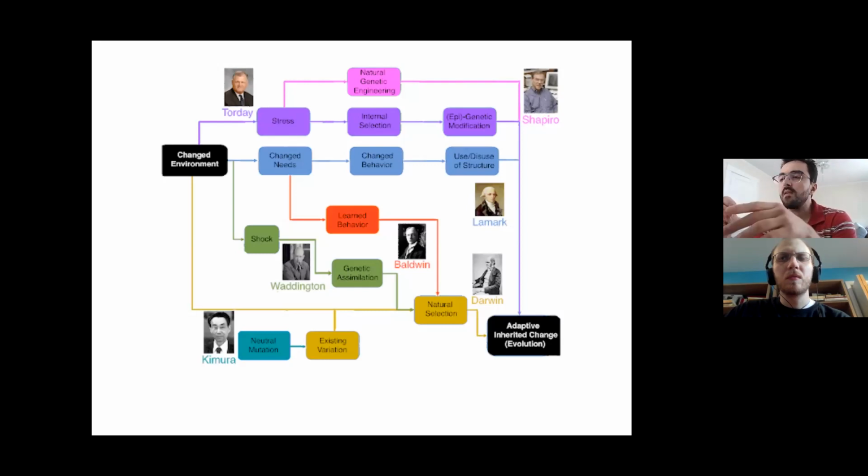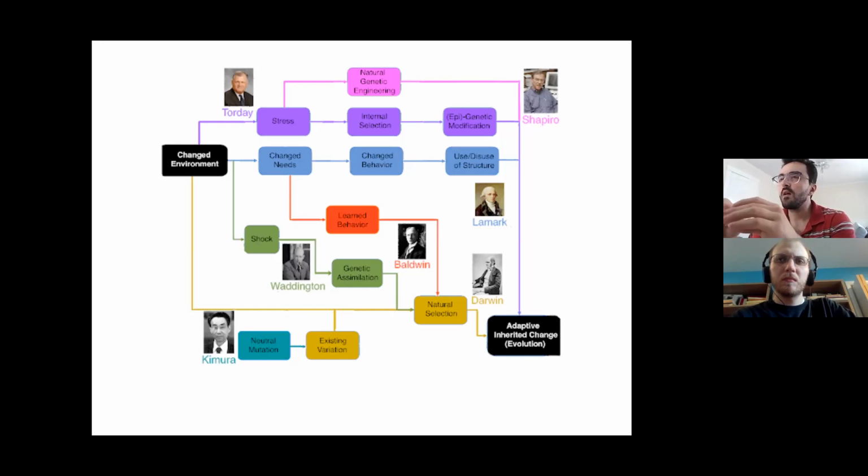We have several other theories, including the direct response to stress resulting in internal selection, followed by genetic encoding. This was Torday's theory. And then we have stress resulting in direct natural genetic engineering by some of the potential mechanisms that we outlined earlier.